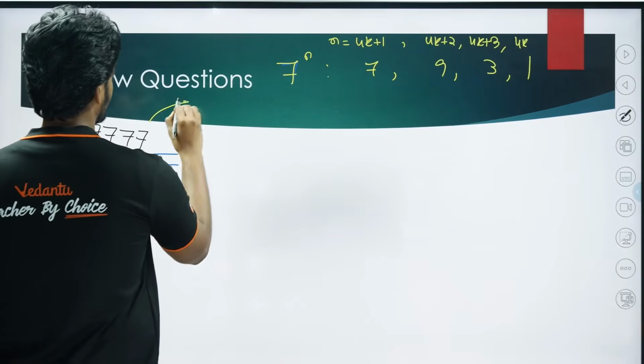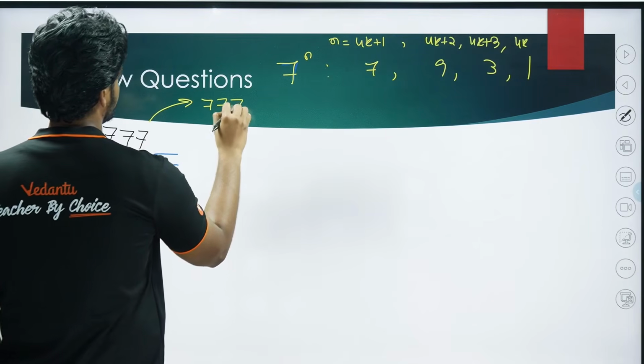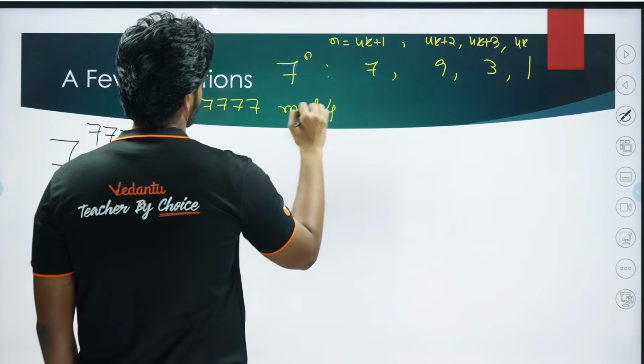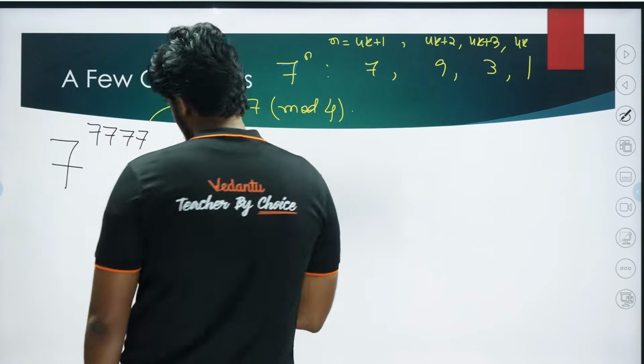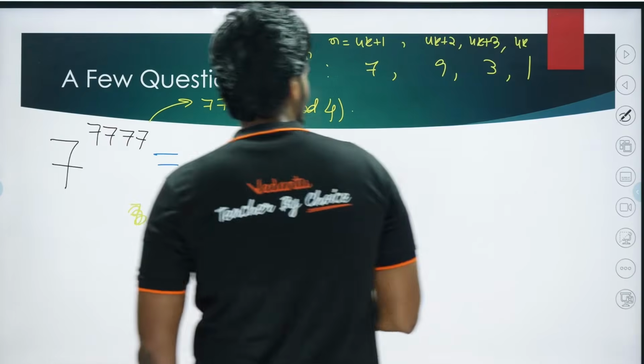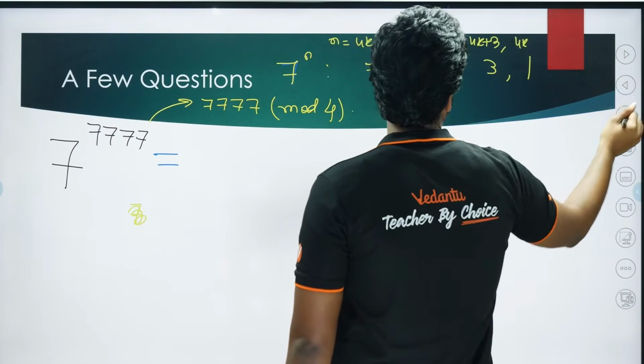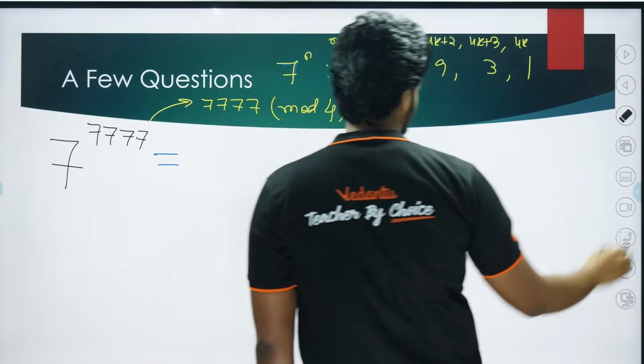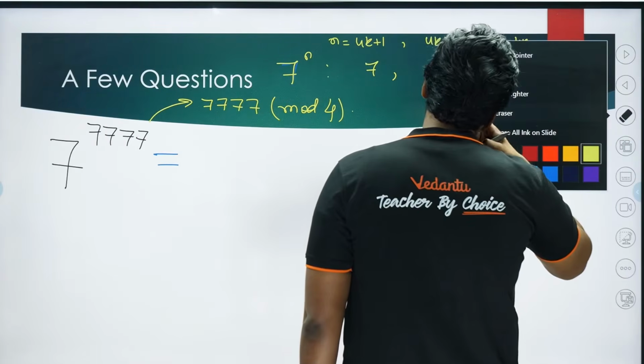So we just need to find out what 7777 mod 4 is. I'll give you 5 seconds to do that while I erase this and change the color of my pen. You can pause the video and do it as well.